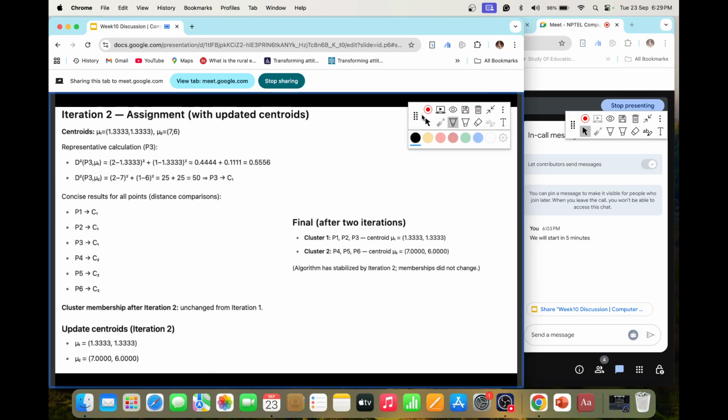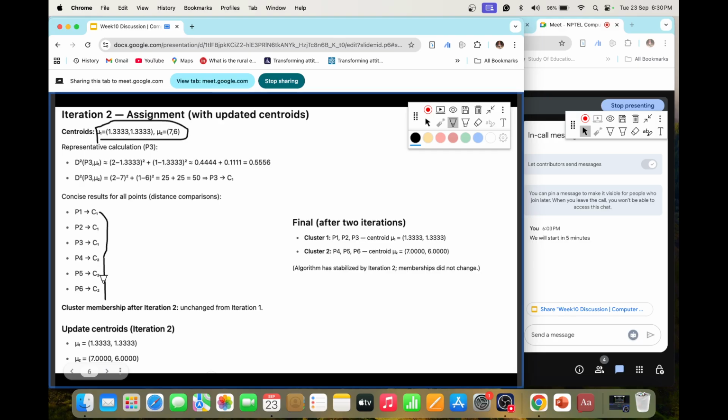Now for iteration 2, we have the initial centroids, which are the updated centroids from the previous step, and again we calculate all of this. Again P1, P2 and P3 come to the C1 cluster and P4, P5 and P6 come to the C2 cluster.